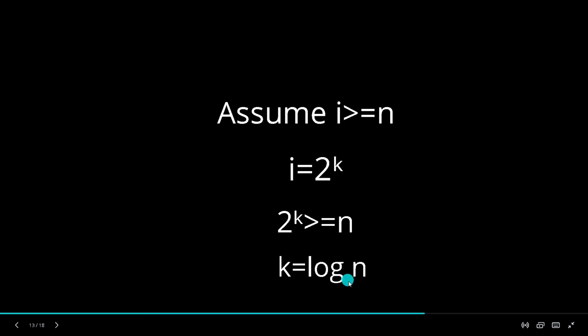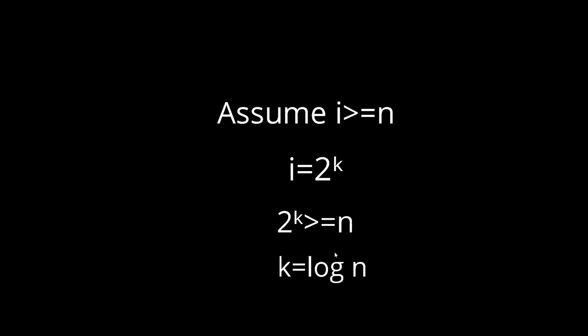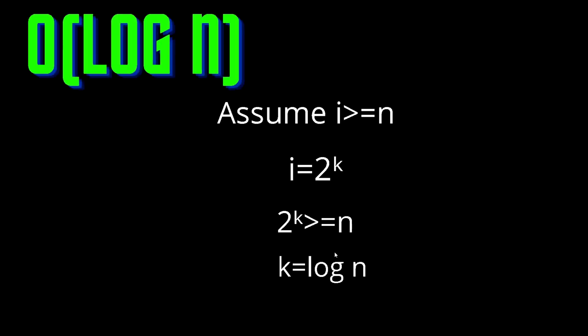It doesn't matter that much, because however we're going to say it is of the order big O of log n. If you mention that it is of the order big O of log base 2 n or base 3 n, that's fine, but in general you just say that it is of the order big O of log n.